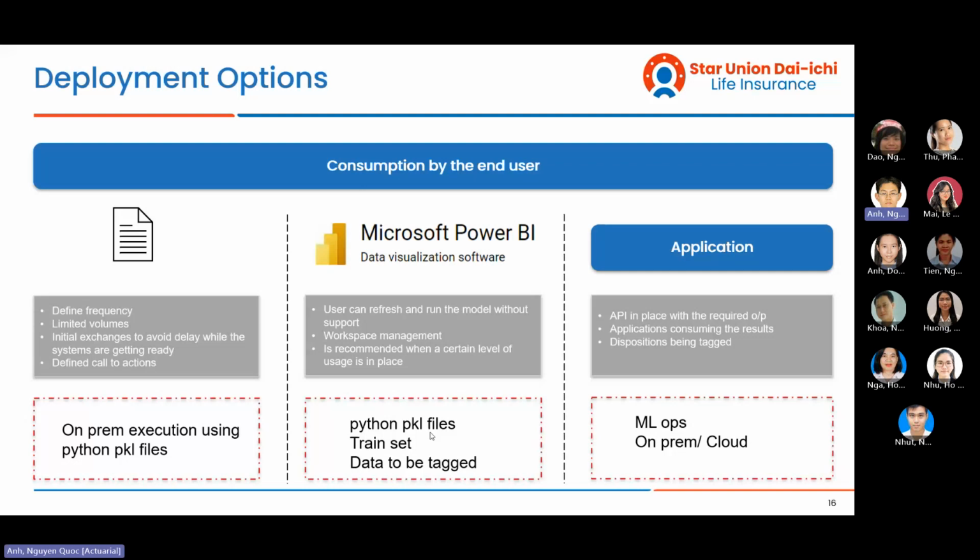For example, at an application level, you have decided to include persistency risk or persistency score into your chatbot or into your CRM application, wherein the call center executive handling the call knows that the persistency of this customer is low, for which you would need an API call to be made in the backend. Once the policy details are being fetched in CRM, you would also fetch the information from this model.